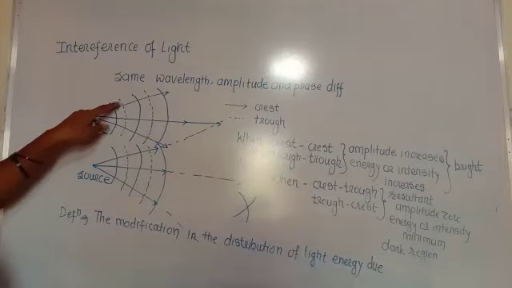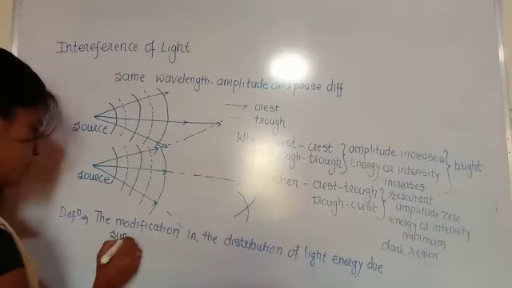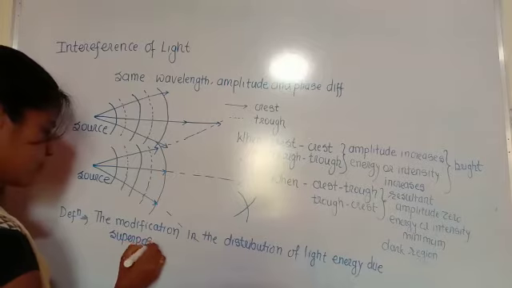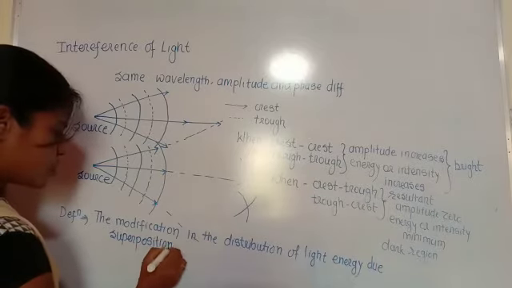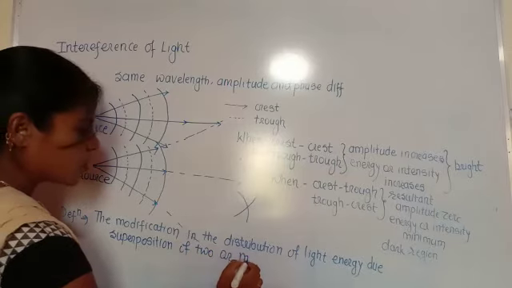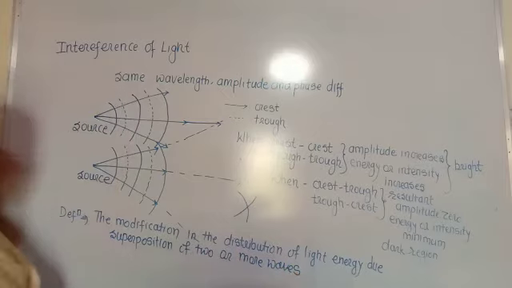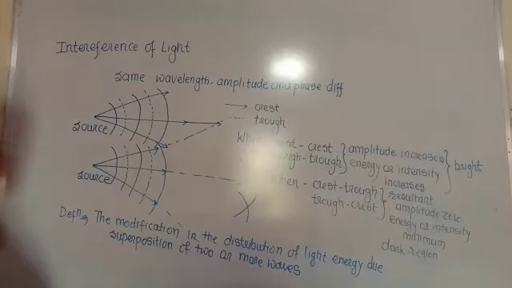This is one wave, second wave, third wave. So that means the modification in the distribution of light energy due to superposition of two or more waves is called interference.